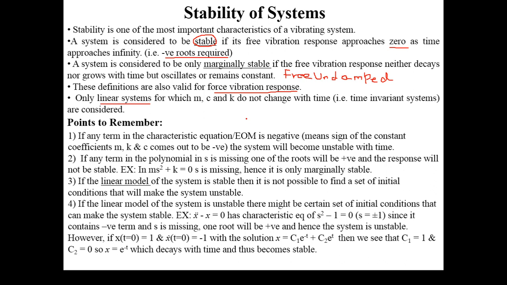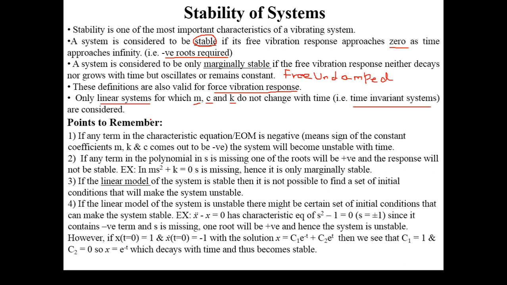The system has to be linear, which means small oscillations, and the values of the system parameters m, c, and k do not change with time. That is, we are speaking about time invariant systems. Time invariant systems are systems in which the values of the constant coefficients appearing in the differential equation of motion, that is m, c, and k, do not vary with time.